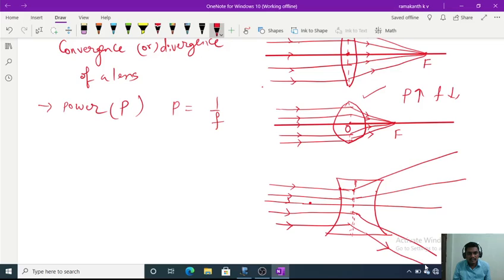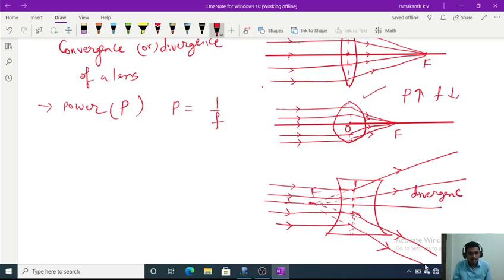So the light rays diverge from the concave lens like this, but they appear to be coming from this point. That point is called the focus. This is the divergence.